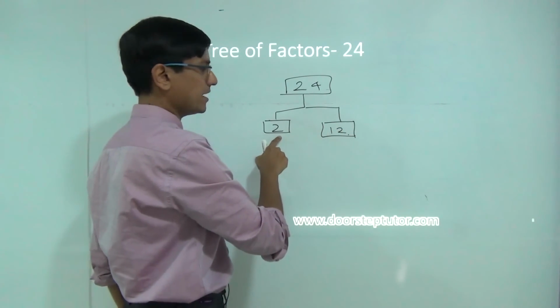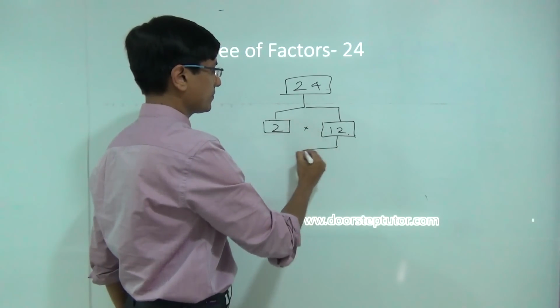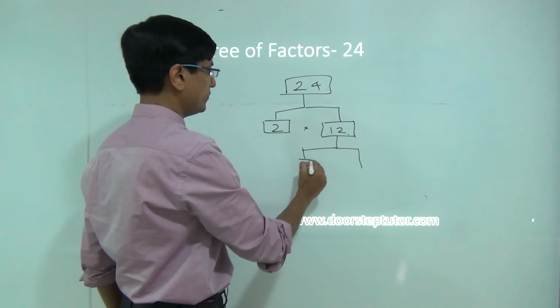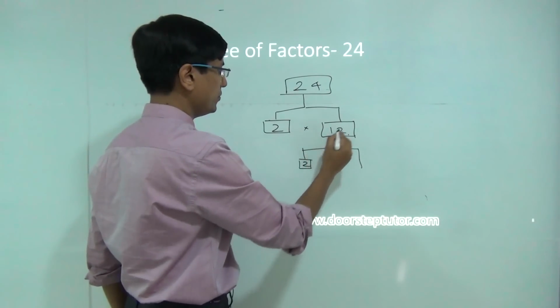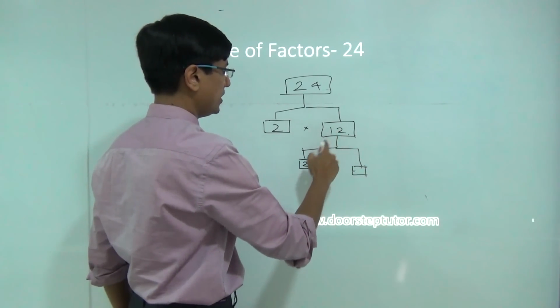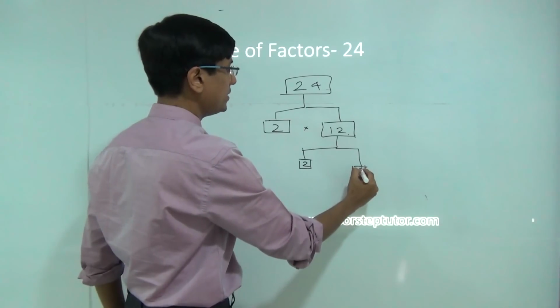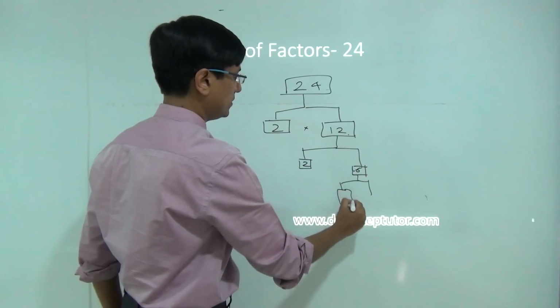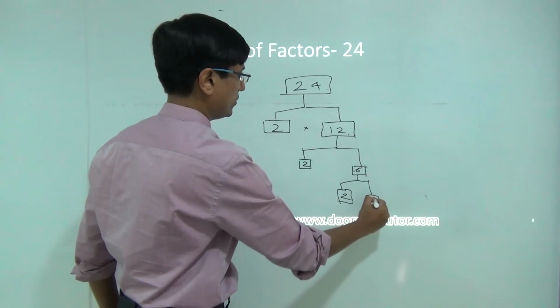I write 12 here, I write 2 here. Then 12 is again even, so it will be divisible by 2. So I write 2 here, and after dividing 12 by 2, I am left with 6. So I write 6 here, and 6 is nothing but 2 into 3.